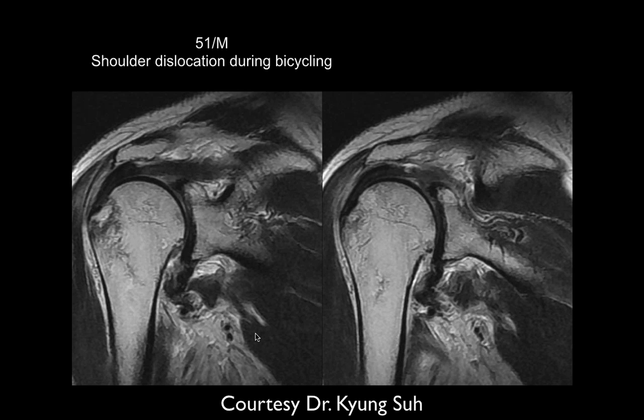Can you hear me now? Yes. When there's significant clot in the joint space and the patient is really young, do you have to go in there and evacuate the blood products and flush out the joint, or is it okay to let that blood and all of the degradation products absorb over time?